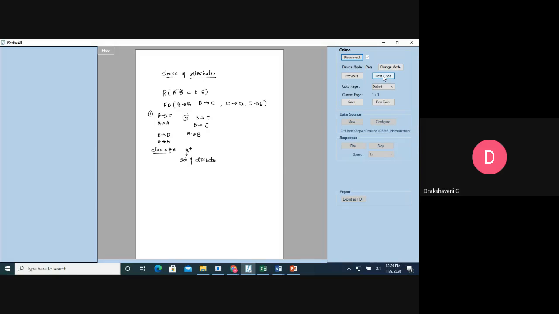It contains the set of attributes determined by X. Okay, so let us see one by one.